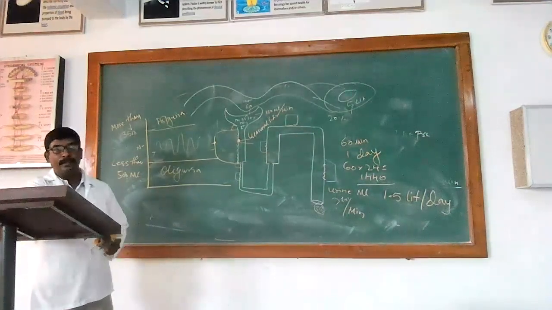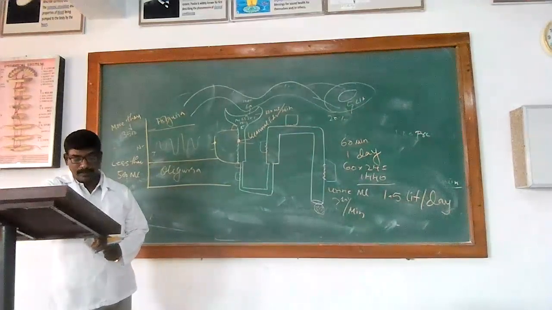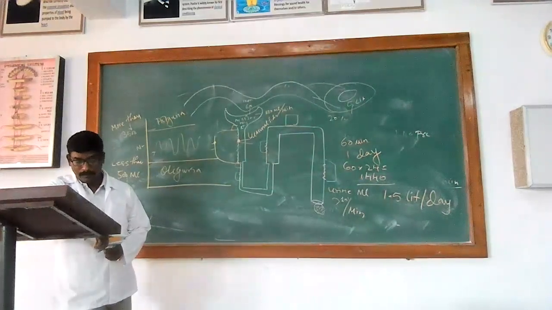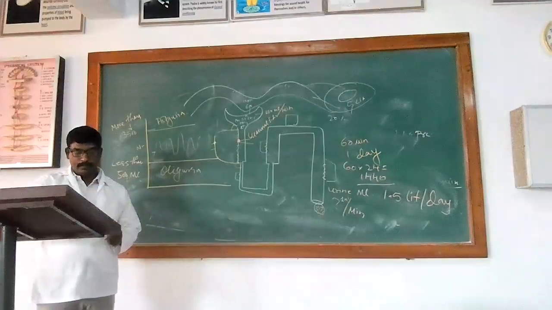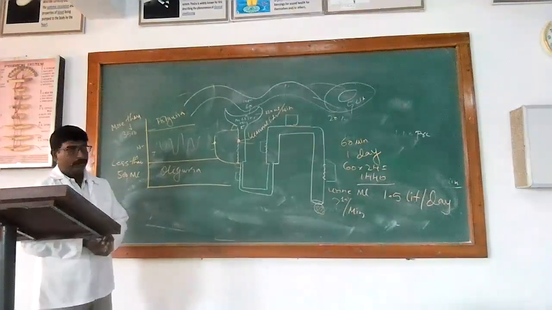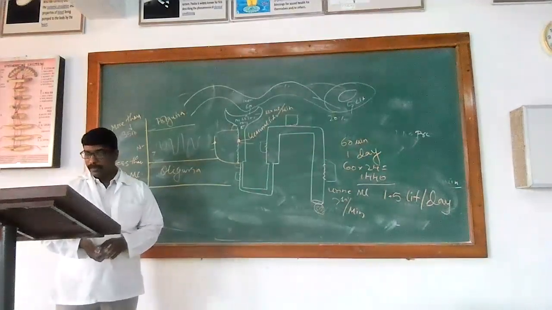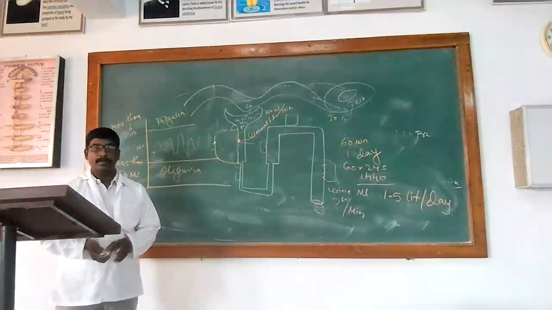So nephrons are the master processors, or the master chemists, we can say. Again, we will come back to urine output, near about 1 ml per minute. I think today we will stop here.